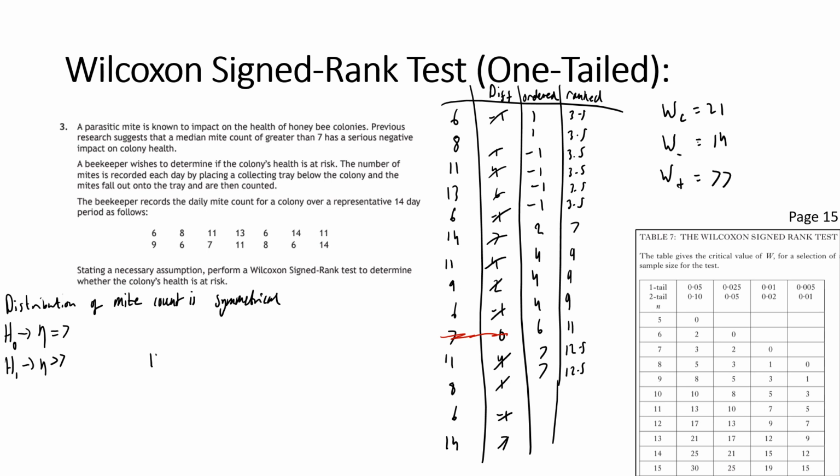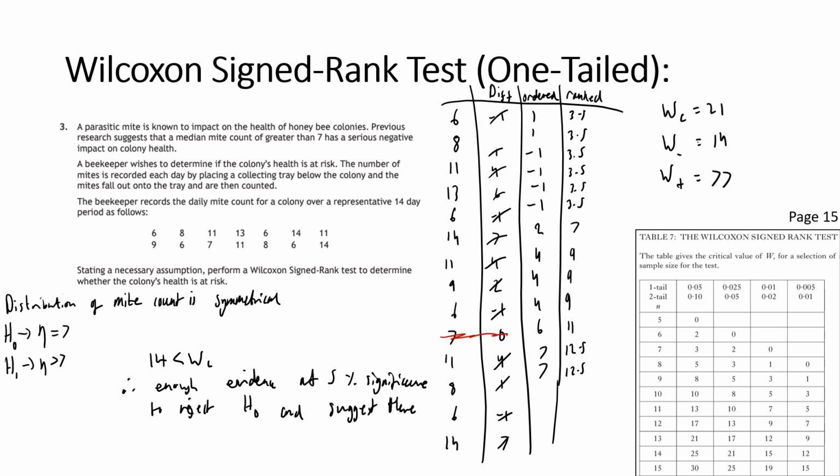Since 14 is less than the critical value, therefore enough evidence at 5% significance to reject H naught and suggest there is a risk to colony health.